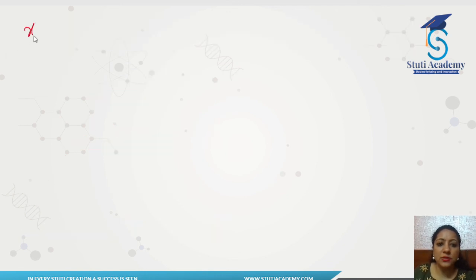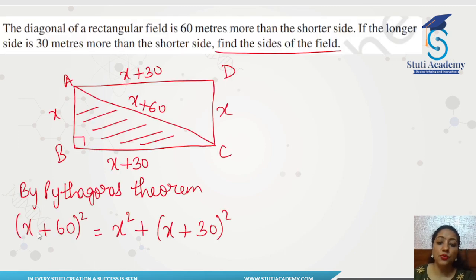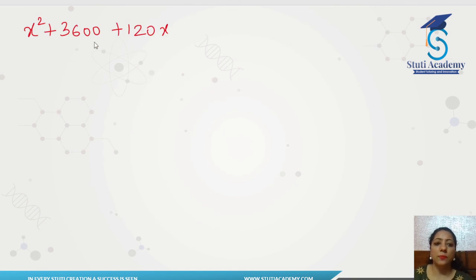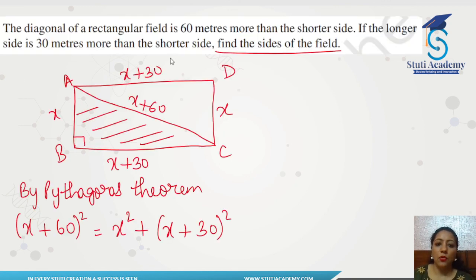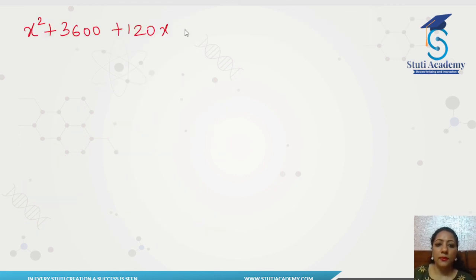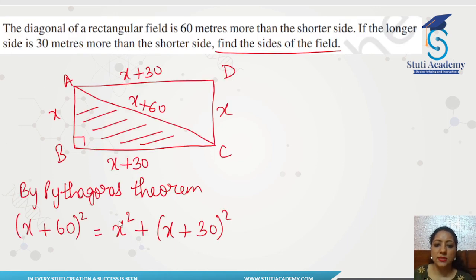So here we have x square plus 3600 plus 120x. So I have actually used the identity a plus b whole square, that is a square plus b square plus 2ab. And on the right hand side, we are going to open the bracket using a plus b whole square here. That is, now x square I'm writing as it is. This one I'm writing as it is. There's no change.